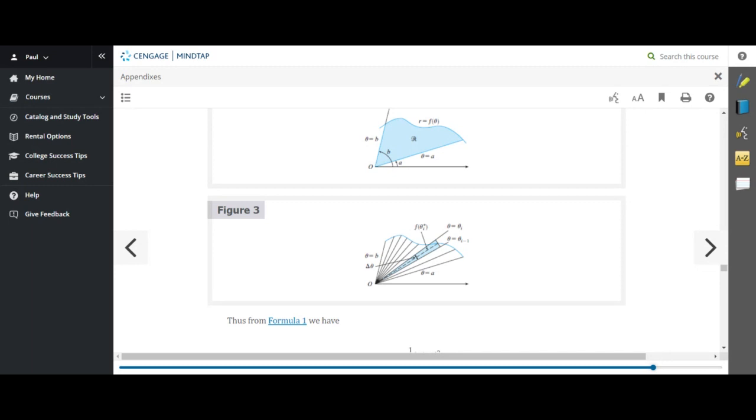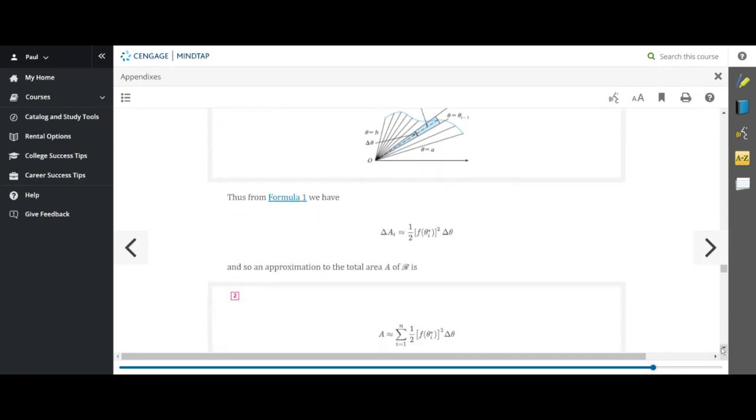If we divide the polar curve up by selecting different angles theta sub i star, then we can generate different circle sectors. And if we add up the areas of the circle sectors, we get an approximation to the area under the curve. That's the idea.